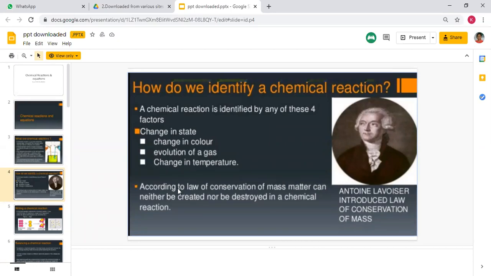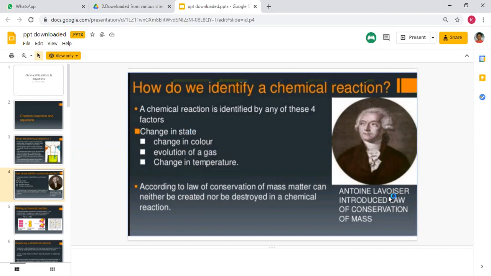Got it, everyone? Yes, sir. Any of these 4 factors will always be associated with a chemical reaction. A chemical reaction will not complete without one of these. Something out of these 4 will surely happen whenever there is a chemical reaction.